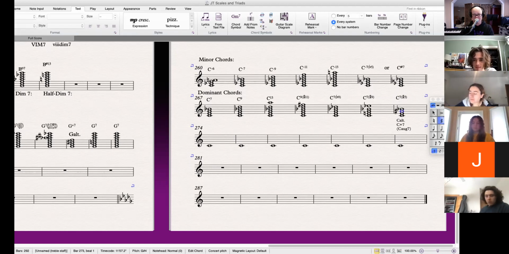This G sharp is the same as A flat. It's enharmonic. Those sound the same. So that makes for a very smooth transition.